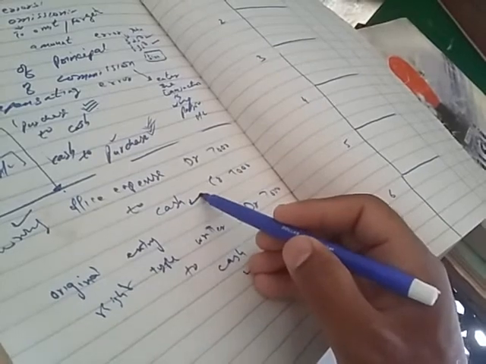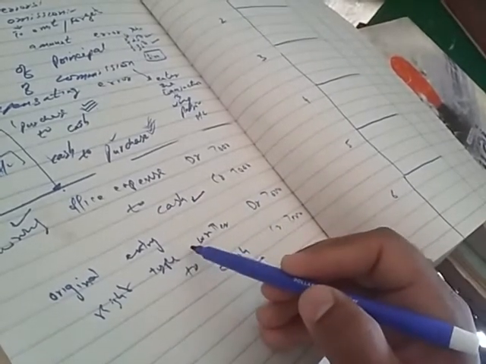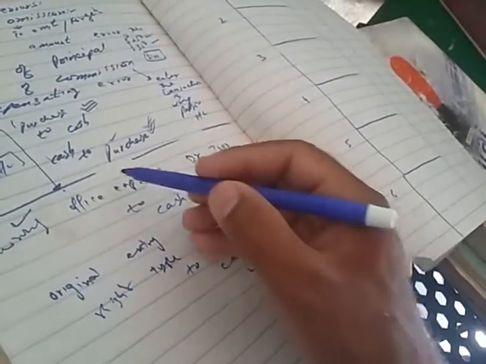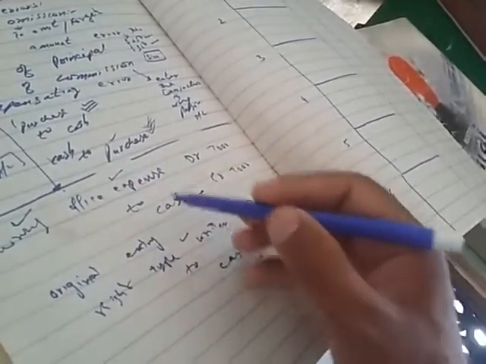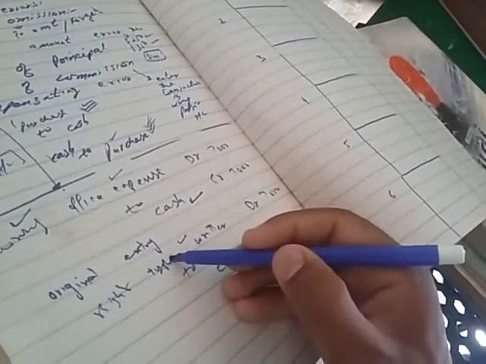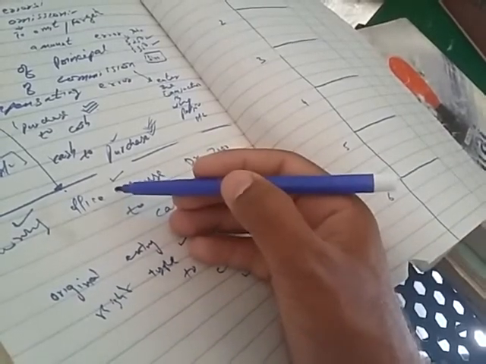This step taken by the accountant is correct, and he wrongly debited office expense instead of typewriter, so we will shuffle both of these. We will write typewriter in the rectification. I hope you understand. So typewriter is debited, and we will credit which we have wrongly debited.